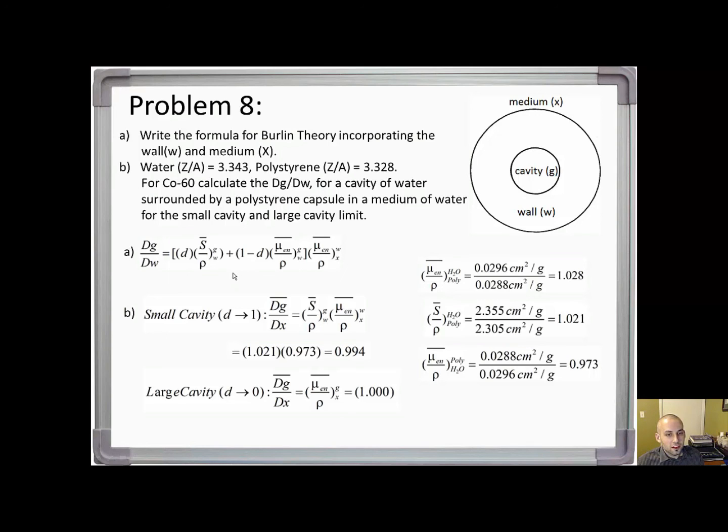Especially any of the Burlin theory calculations. The Bragg-Gray and Spencer-Attix are very much just memorize the formulas, plug and chug. The Burlin theory calculations are long, and you can forget a particular term, or just miscalculate one small thing, and you get the whole question wrong. So be very careful with that.